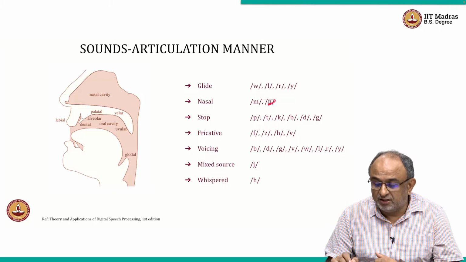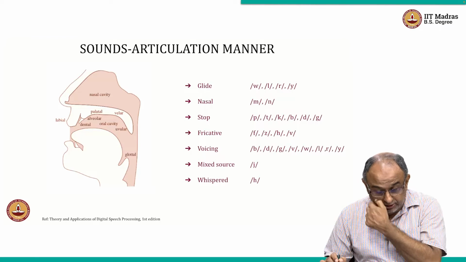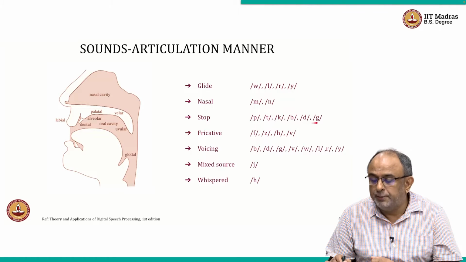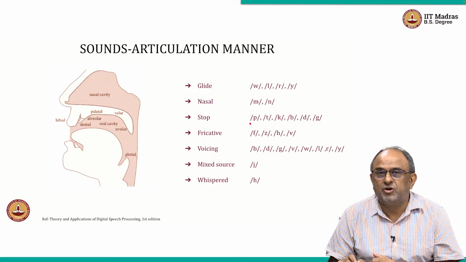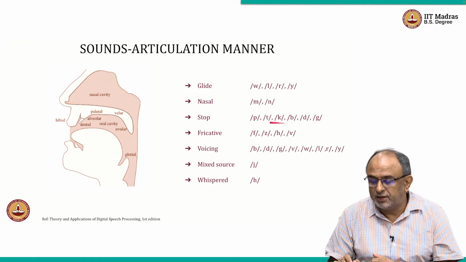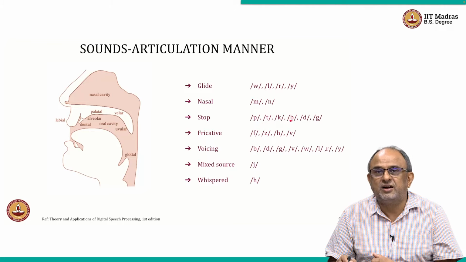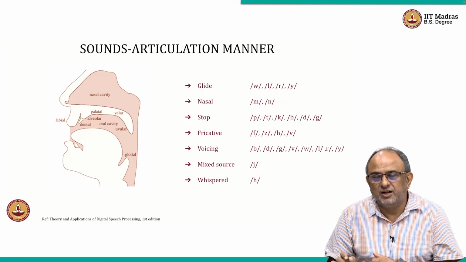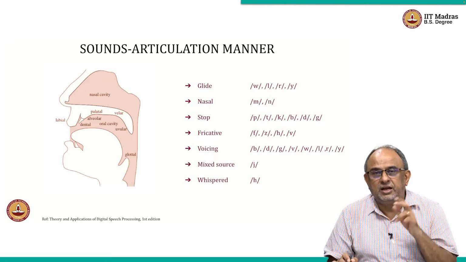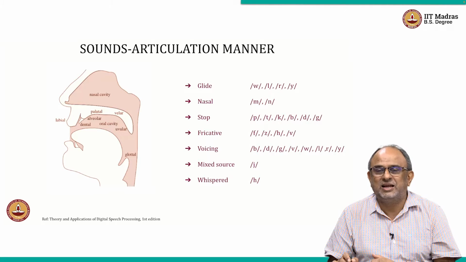And these are the nasals. And if you look at p, t, k, and b, d, g: p and b come together, th and t come together, and k and g. In Hindi we have k, kh, and g, gh.